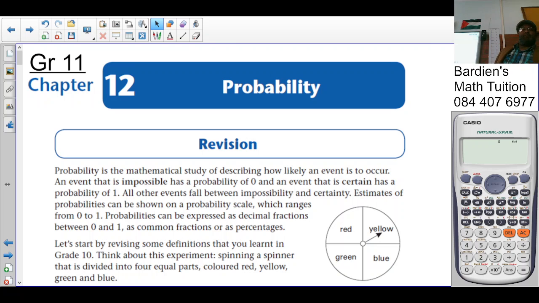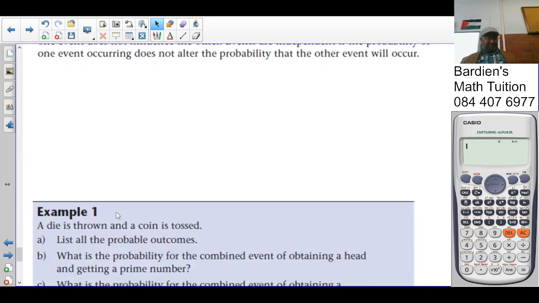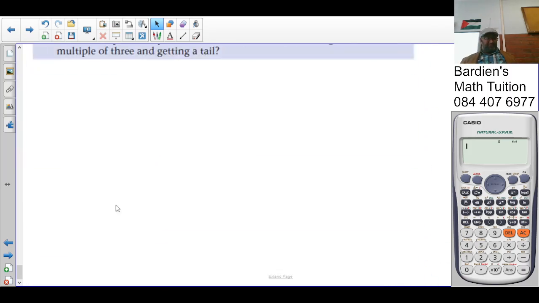Okay, good afternoon, class. So at this point, we're looking at probability. The first half of the lesson, we wrote a little test dealing with finance and the first part of probability. Okay. So now we're still looking at Venn diagrams. We did all of this here already.